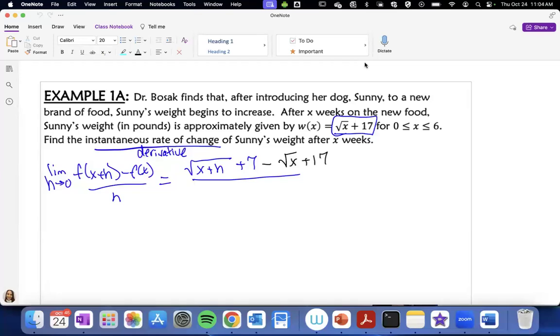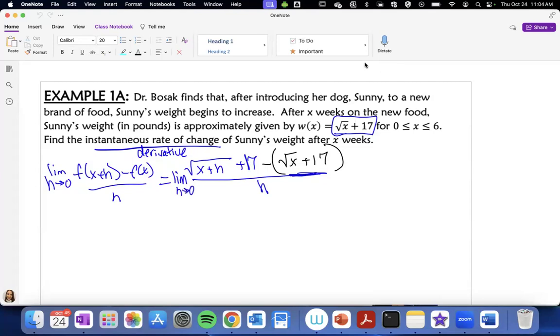Parentheses, yes. It says 17, that is supposed to be 17. Thank you. Okay, so that's plus 17. And don't forget parentheses around that after the minus. People forget that and ruin the whole problem. All over h, as the limit as h approaches 0.